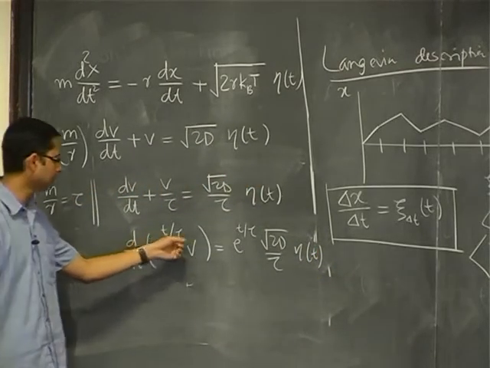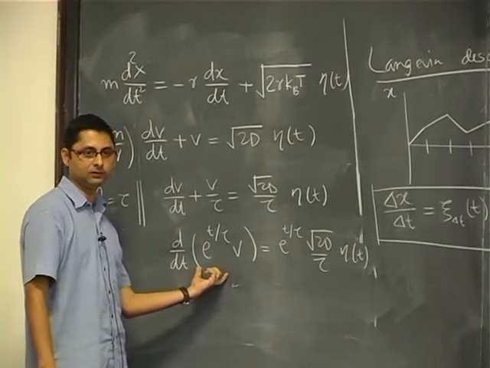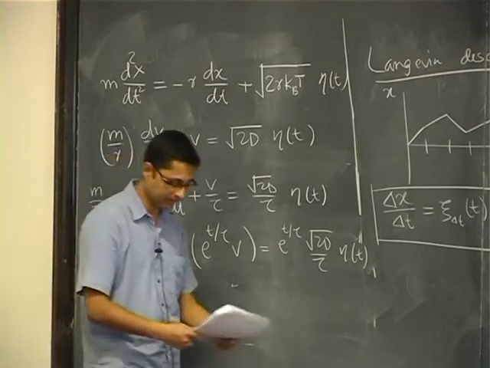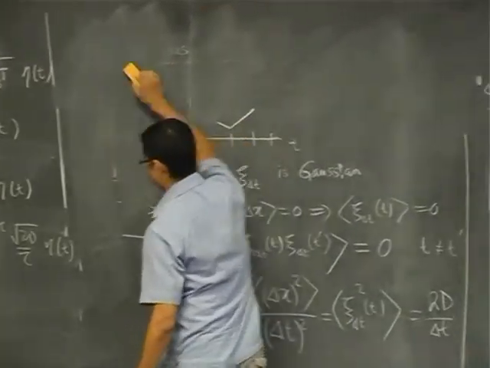I just multiply by e power t by tau, so this side becomes a perfect derivative, and now I can just integrate this equation. You get something, whatever you get, and then you can solve this equation.